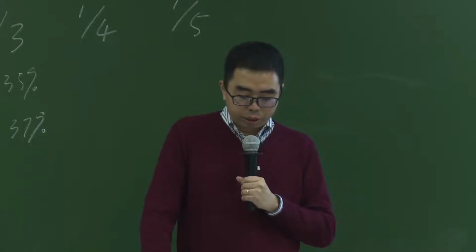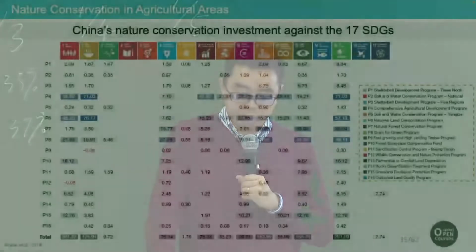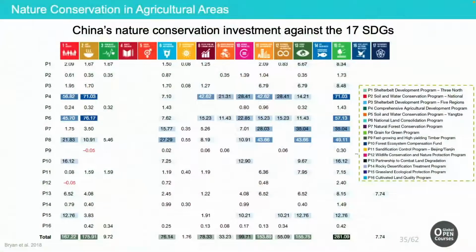Here is the illustrative mapping of China's nature conservation investment against the 17 UN SDGs. The depth of the color shading reflects the level of investment for individual programs and the total. The numbers are in billions of US dollars.